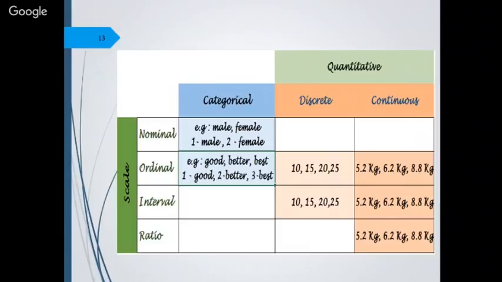In the same way, the last two columns indicate quantitative data. Quantitative data is mainly divided into two parts, discrete and continuous. Discrete data we can measure with ordinal measurement or interval measurement, and in the case of continuous data we can measure in three ways: ordinal, interval, and ratio.